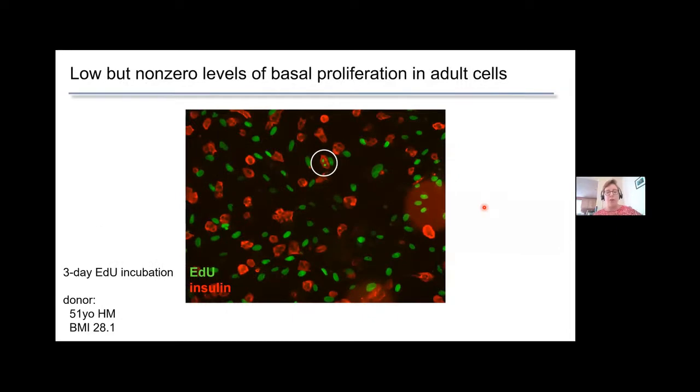And here's an example of something that comes out of that process. This is an older image, but still looks great, I think. And it's only a 3-day EdU incubation here, but we've stained for EdU and insulin. And what we found was that even in a control well, this is treated just with DMSO, we find very, very low but non-zero levels of beta cell proliferation.